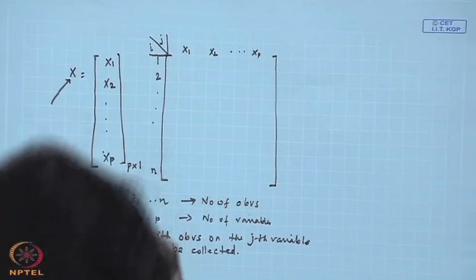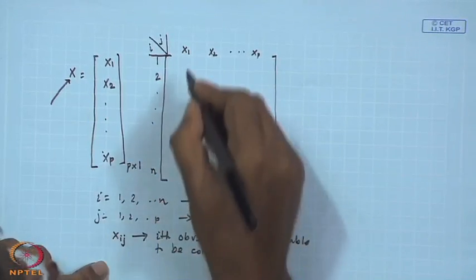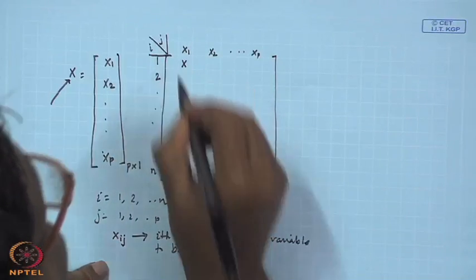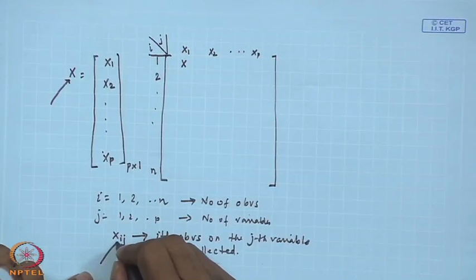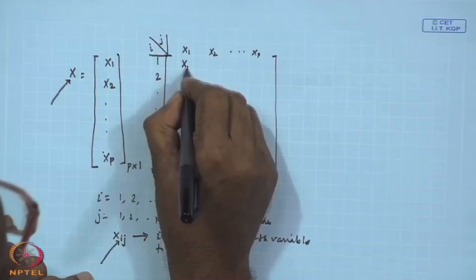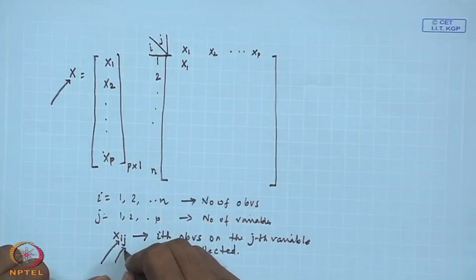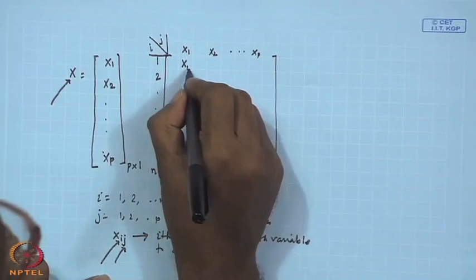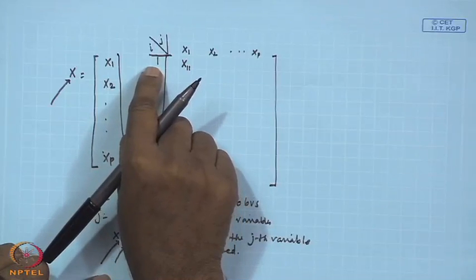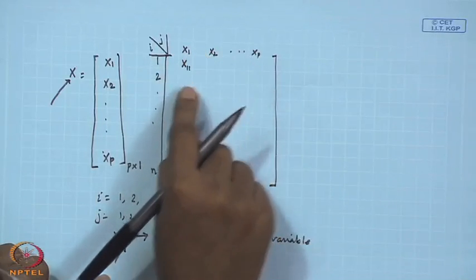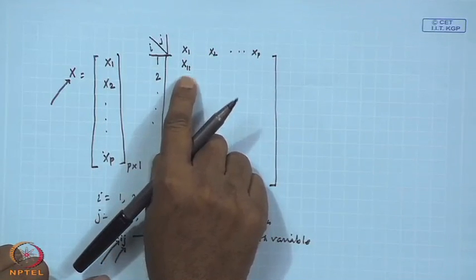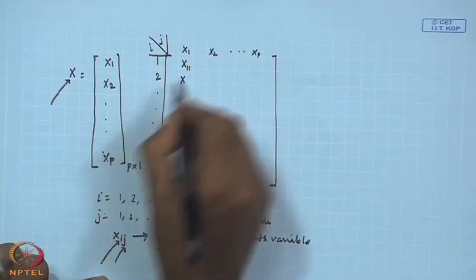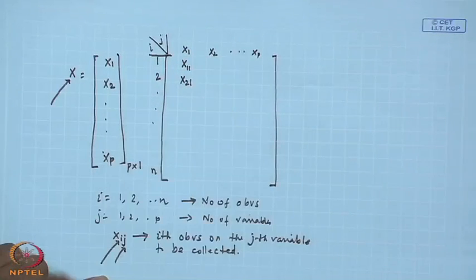If this is the case, that means we are first writing the variable, then we are writing what is the observation number, then we are writing what is the variable number. So, this is observation 1, variable 1, so x 11, observation 2, variable 1, x 21.